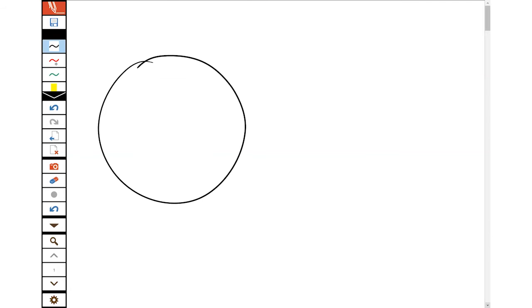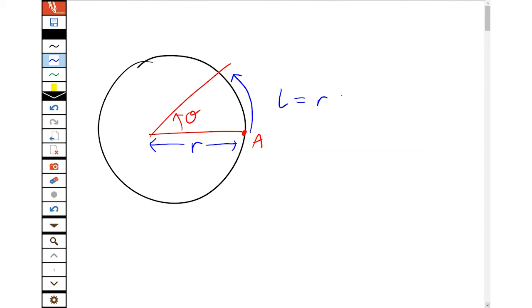The idea is, if we have a point A and it rotates a certain angle in radians, well, now I can find the linear distance moved is just the radius of A times that angle. And I know A is moving at a velocity.